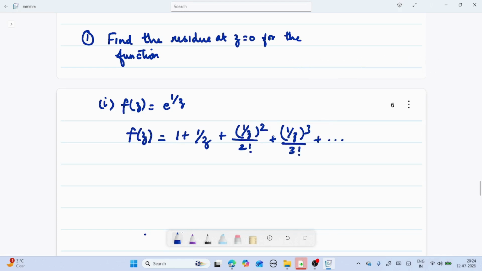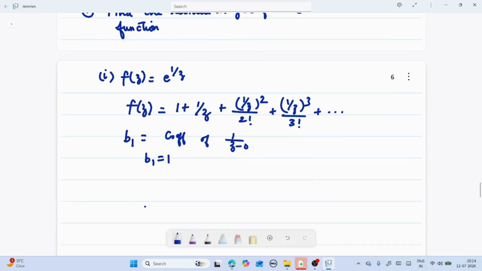You can see this function doesn't have positive powers of z at all, only negative powers. And what is the residue here? The residue is nothing but the coefficient of 1 by (z minus 0) in this case.